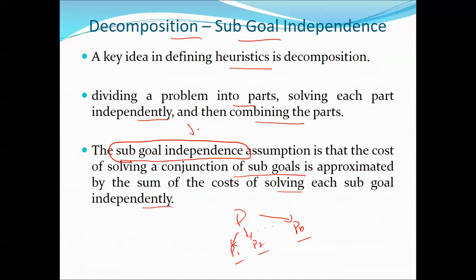So you solve all these problems independently and then sum up the costs. We also assume that the problems are in no way dependent on each other. That is, everything has its separate set of goals, and every problem has its own preconditions. None of the preconditions of any two problems should match.